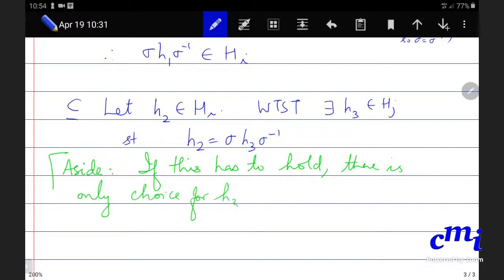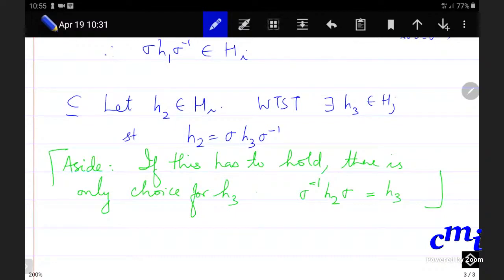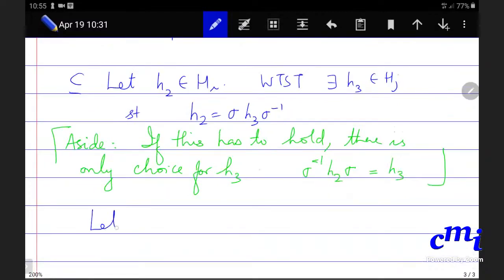So we multiply by sigma inverse on the left side. We get sigma inverse H2, then the sigma inverse and sigma cancel, then H3, and then we multiply by sigma on the right side to get H3. So this should tell us what we should define H3 as. So let H3 be sigma inverse H2 sigma.